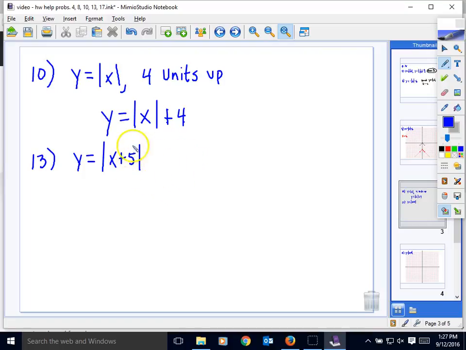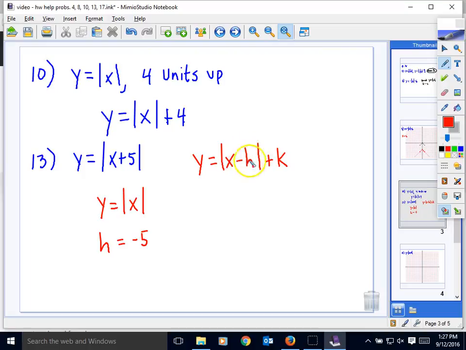13. For each function, identify the parent and the value of h. Notice h is always inside the absolute value. So we're dealing with the parent function, y equals the absolute value of x. H in this case is -5. Okay, be careful. Today I gave you, using variables, how translations are determined.